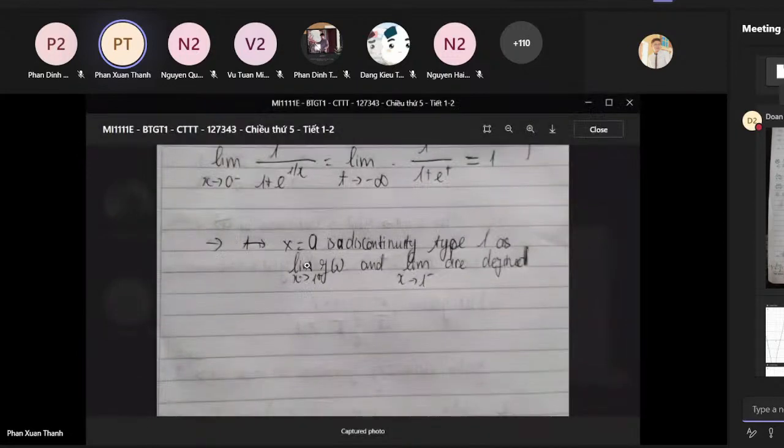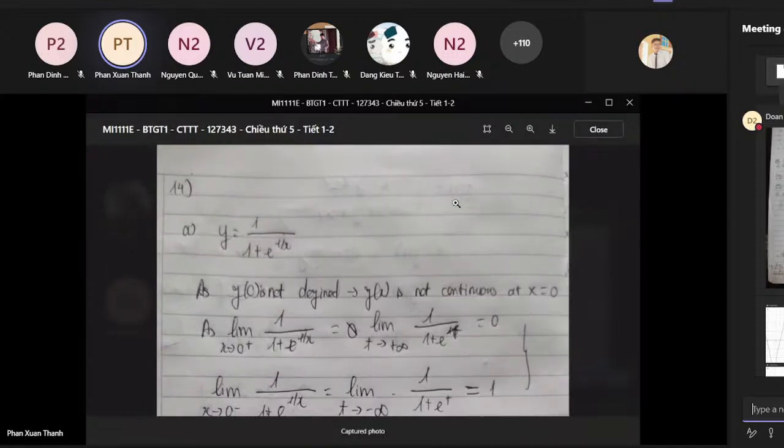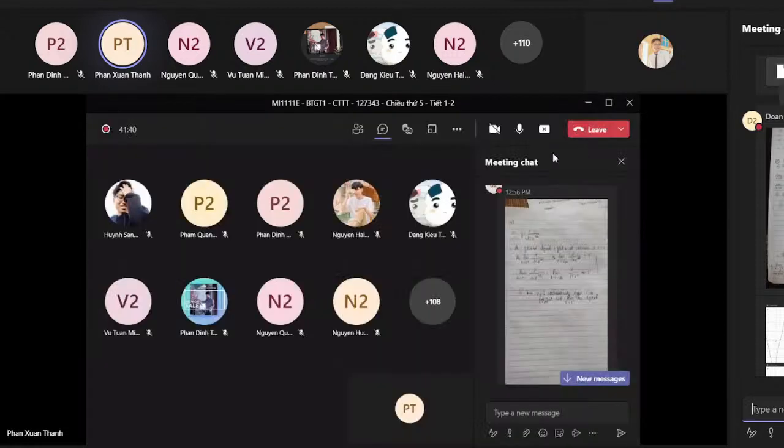Okay, so left hand limit when x approach number 0 from the left and the right. Okay, I think that's enough for the exercise number 14. Any question or remark?